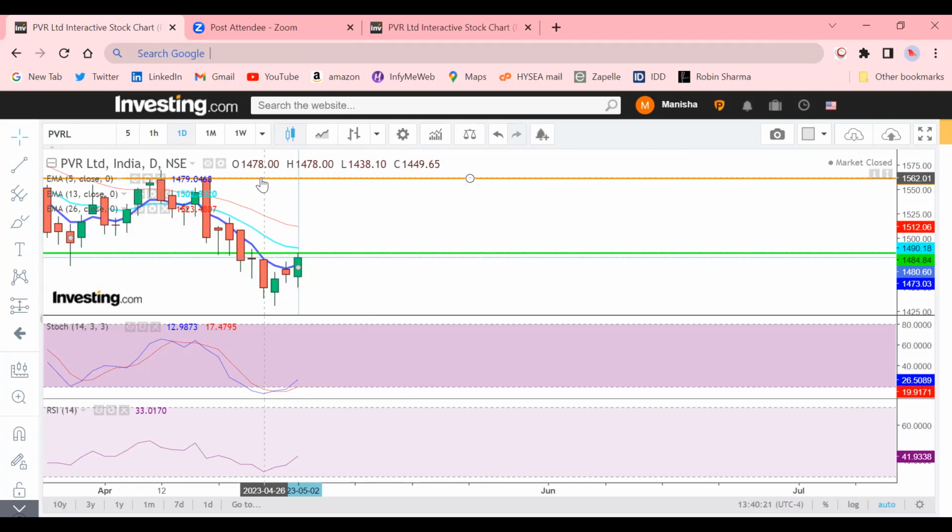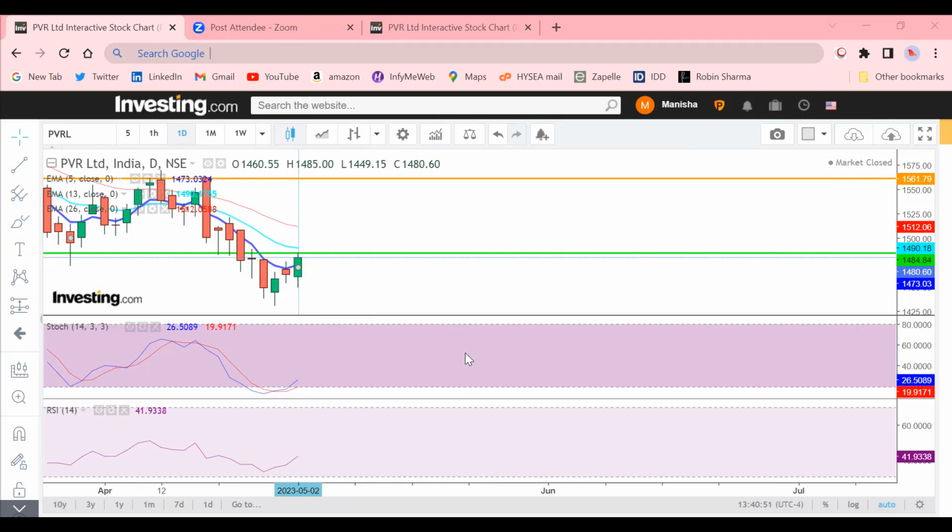1561. Yes. Then the stop loss price is 1454. Then the target price, based on the price pattern, is the major resistance for bull.